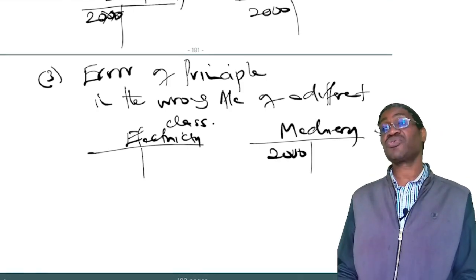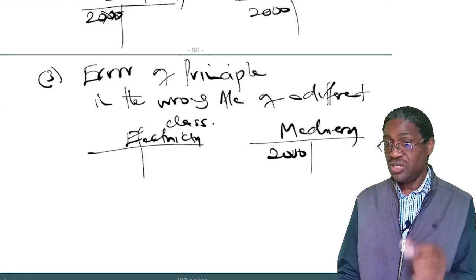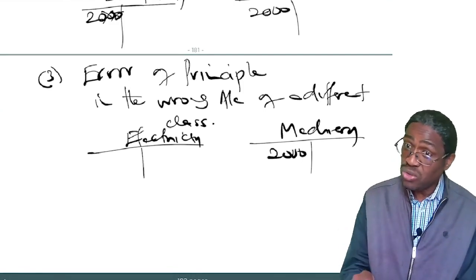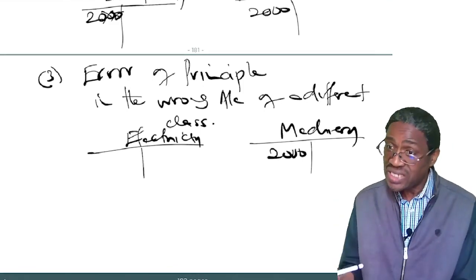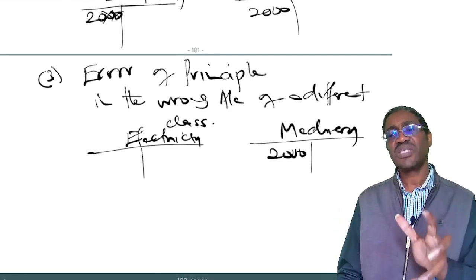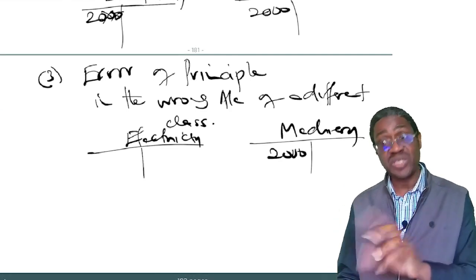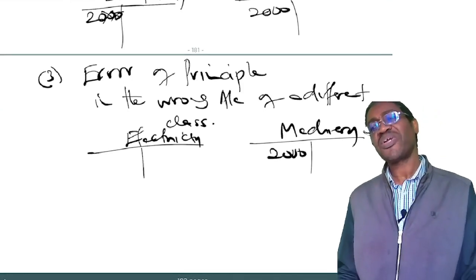Yes, the trial balance will still balance. But have you committed an error? Yes. You are supposed to have debited electricity account, which is an expense, but you debited an asset account. So these two accounts are in different classes. So you have committed an error of principle.